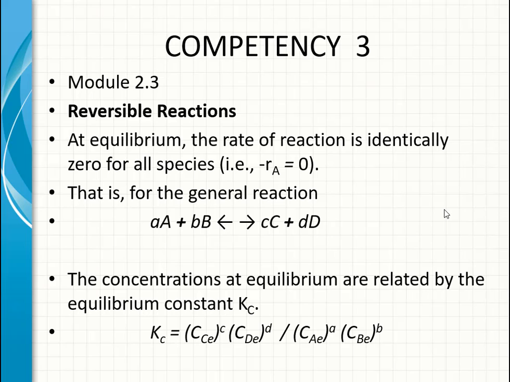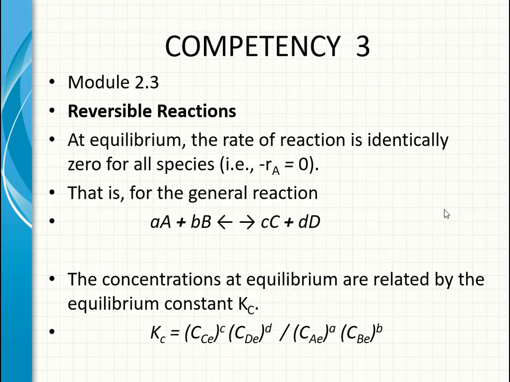Then, for the general reaction, a A plus b B gives us c C plus d D, and the reverse reaction c C plus d D gives us a A plus b B, we have that the concentrations at equilibrium are related by the equilibrium constant capital Kc.